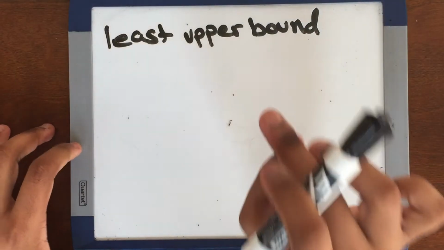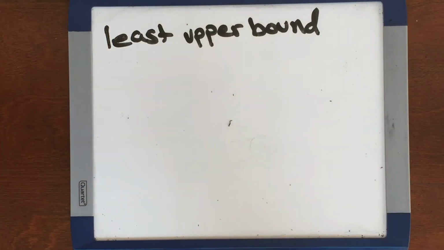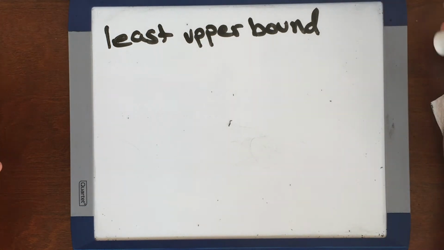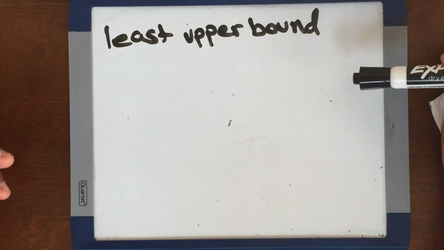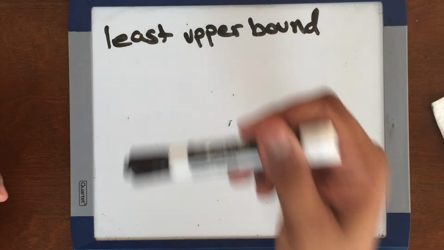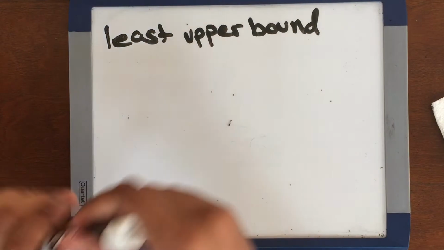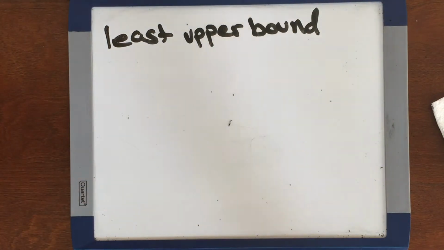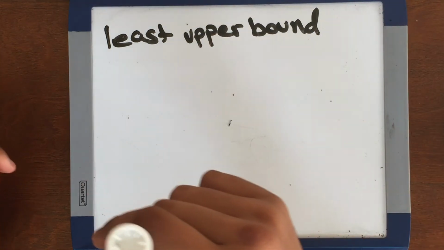Now that we've talked briefly about what an upper bound is, which is a very generalized topic and can be several different numbers, let's go into what a least upper bound is. A least upper bound is an element that is smaller than any other upper bound. As the definition suggests, it's the least of any of the upper bounds.